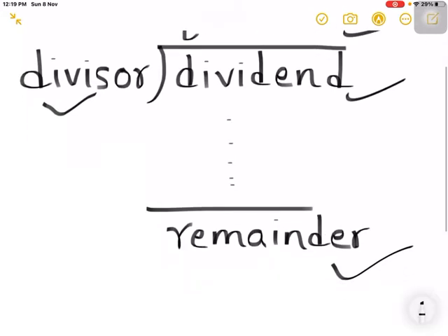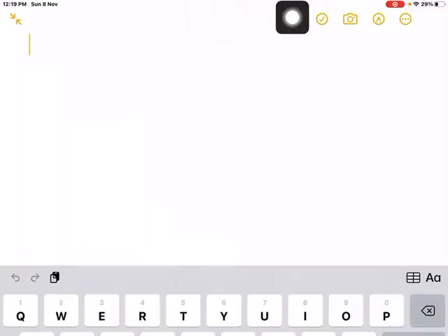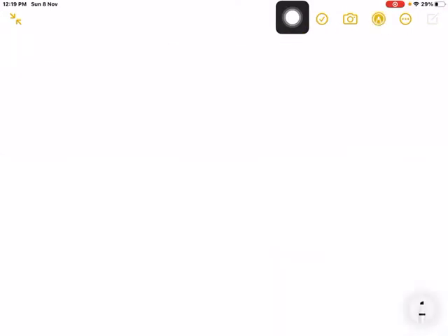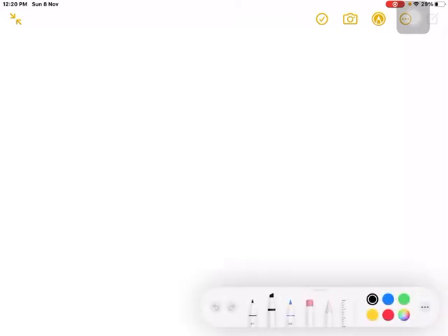So every number cannot be divided by every other number. We know that, isn't it? Every number cannot be divided by every other number, and also it is very difficult for us to find out whether a number is divisible by another number or not.